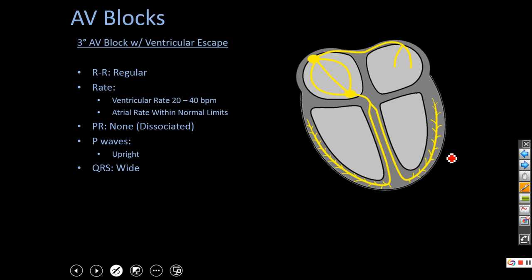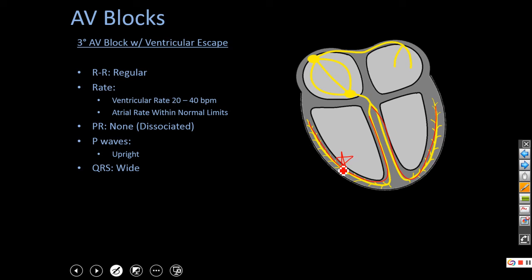Okay, so now with third degree AV block, you can also have a ventricular escape rhythm. Now this is when there are no impulses coming from above the ventricles. This is somewhere within this conduction system down here, the ventricles are pacing the heart.